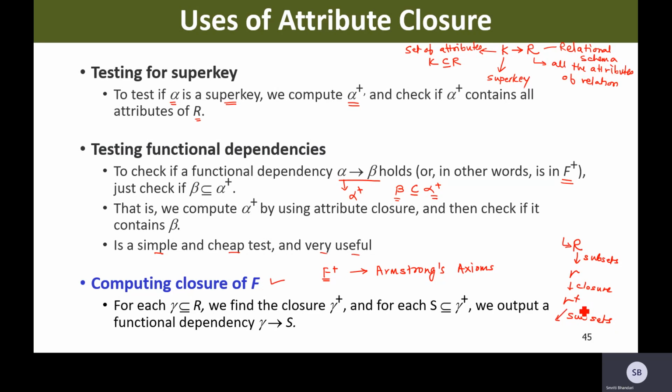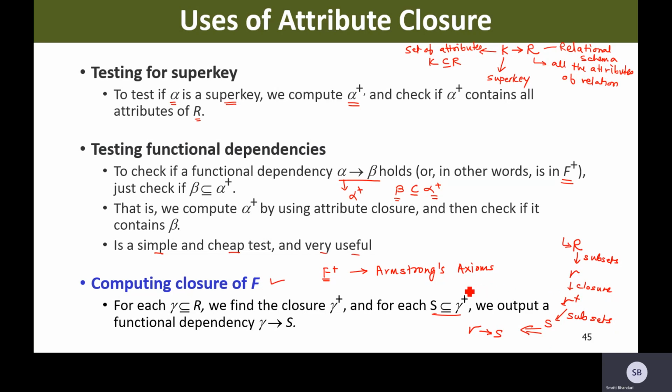Let us denote these subsets as S. So S is a subset of gamma plus. Now we output a functional dependency of the form gamma determines S. Whatever attributes are in gamma plus are logically determined by gamma, that we know.